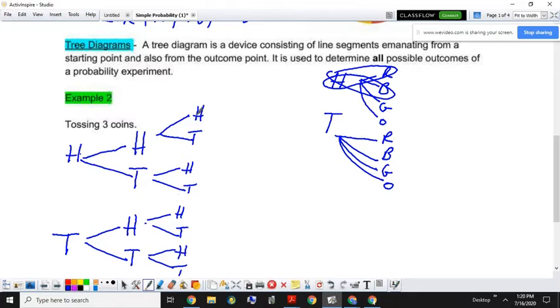We're going to go through and write them. The first thing that could happen would be heads, heads, heads. Or you could get heads, heads, tails. I'm just going through the branches, I call them branches, through the tree diagram. Next one, I can get heads, tails, heads. Or heads, tails, tails. Okay, next we'll go down here.